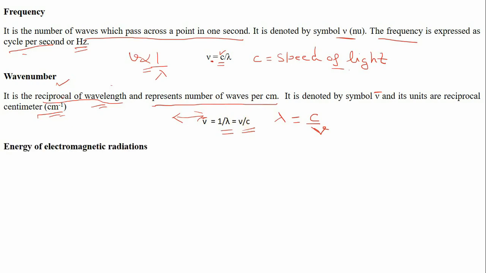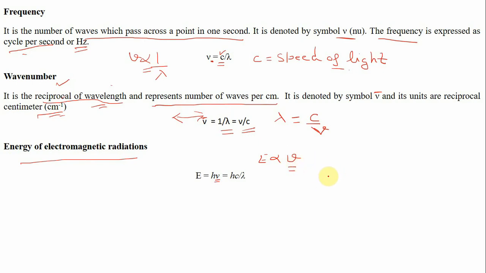The most important thing is the energy of these electromagnetic radiations, and the energy is directly proportional to the frequency of the light. So more frequency means more energy, and frequency is inversely proportional to wavelength.